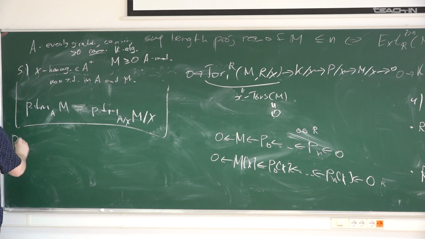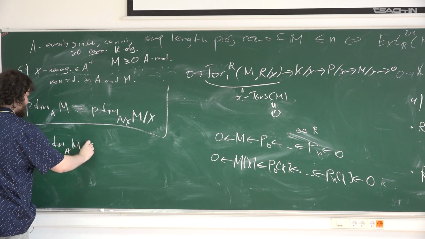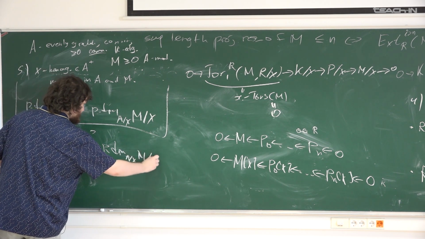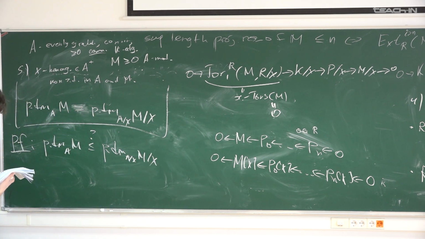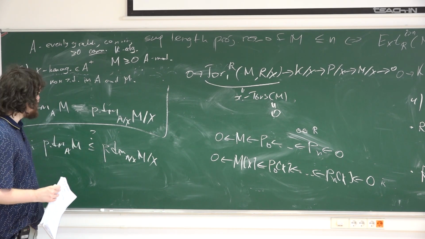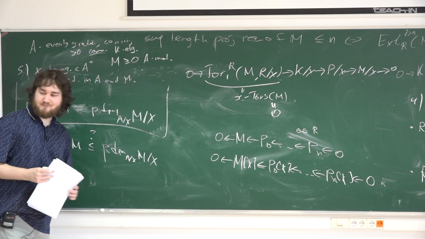So to prove this, we need to check the opposite inequality. Again, if it's infinity, it's true. So we can assume that it's finite, and we will use induction on this number.